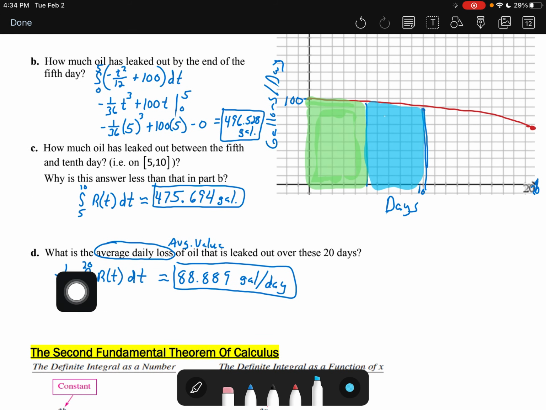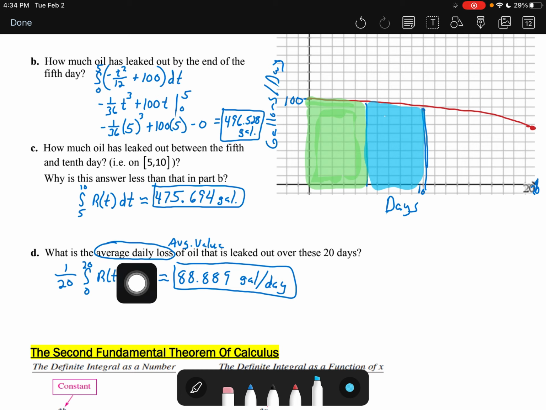Okay, so now next question, what is the average daily loss of oil that is leaked out over these 20 days? Okay, so average daily loss, that's an indication. We studied average value. They want you to find the average value for that.